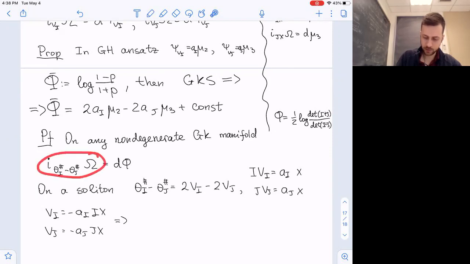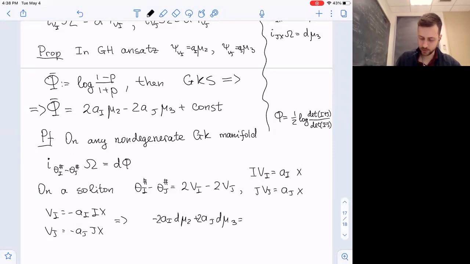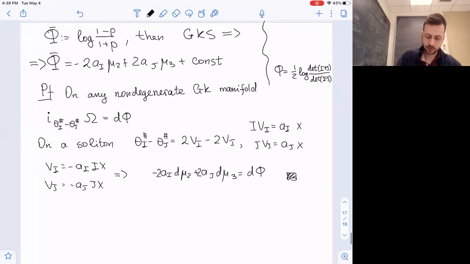Therefore, what you have here is negative a_i d mu_2 plus twice a_j d mu_3 equals d phi. And that proves that phi differs by a constant from this. Again, signs are off. Maybe to correct, I put it here like this. So the bottom line here is that the soliton equation uniquely prescribes the angle function under this assumption of rank 1 soliton.